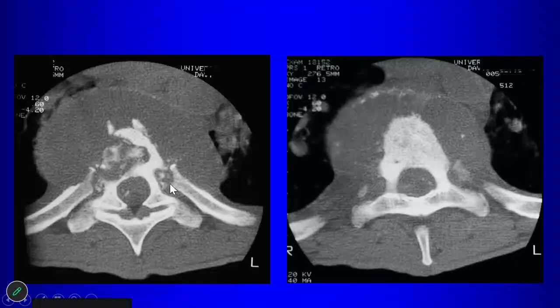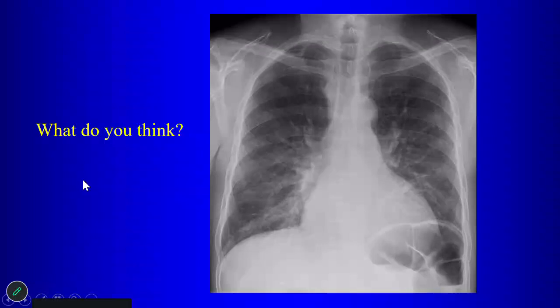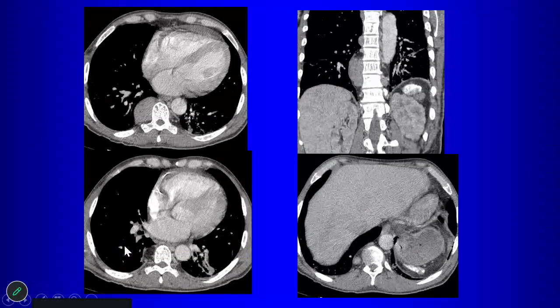You can see here on the CT scan. Then on MRI, nice way also to demonstrate that was the destruction of the end plates and the paraspinal masses from the paraspinal abscess. This patient has this vague retrocardiac mass there on the right side. Here is the CT. So there's our mass.